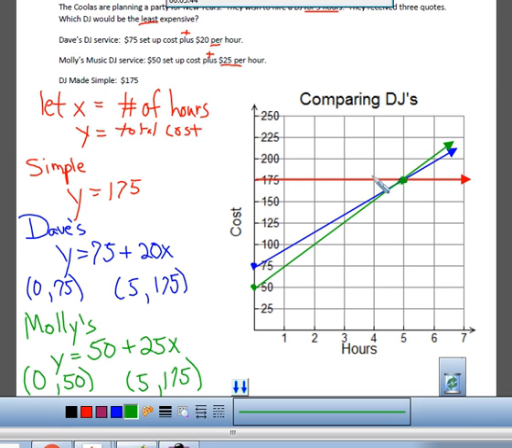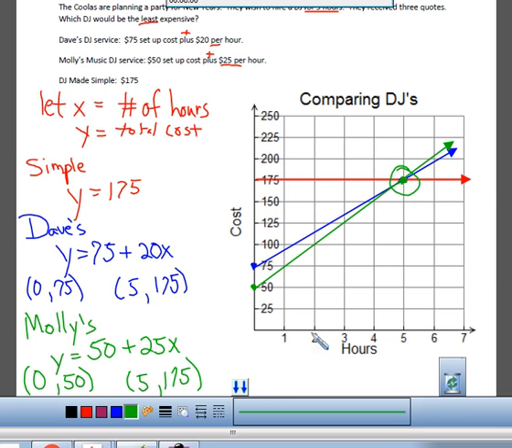Okay, so you'll see that there are 3 different lines. But the interesting thing is they're looking for 5 hours. That's right here. All 3 of these services cost the same.